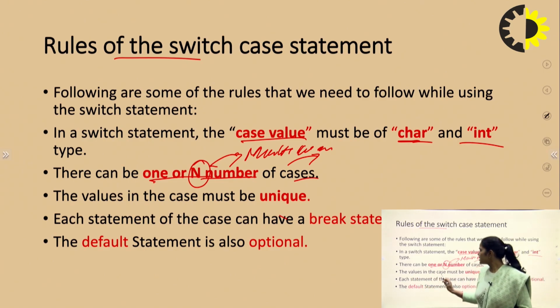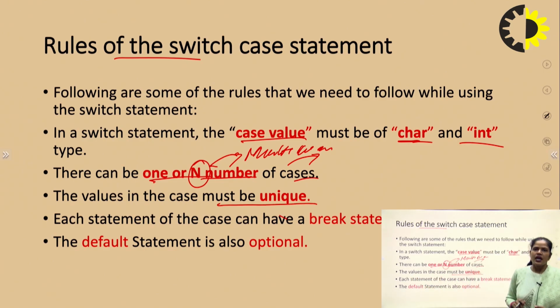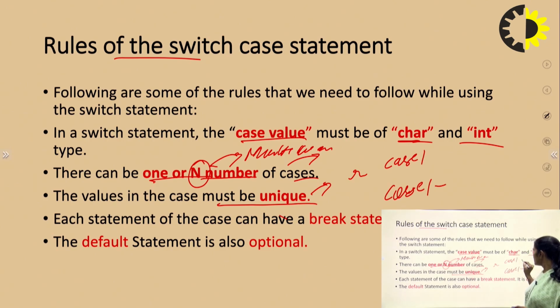The value in the case must be unique. There should not be a redundant case value. Let's say I write case 1 and I write case 1 again. This is not applicable, right? So the case value must be unique.